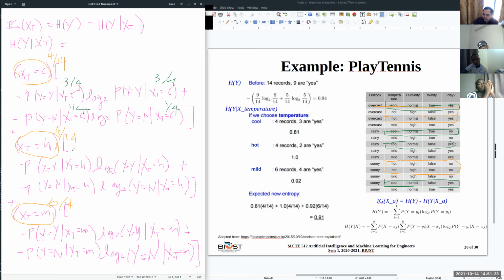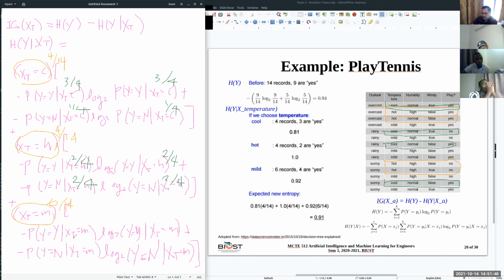So this is 2 over 4. 1 over 2. Let's just say 2 over 4 so that it's clear. You will do it yourself later. And this one is also 2 over 4. You'll just simplify it. Okay.